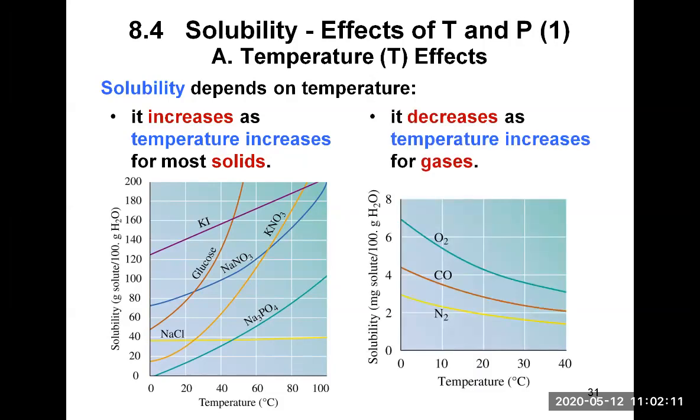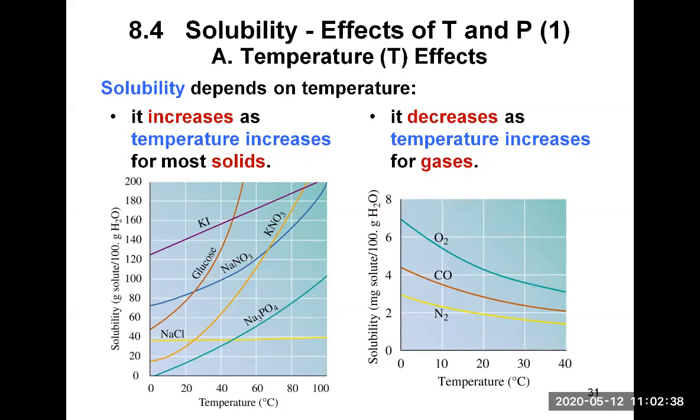For gases, it's the reverse. The solubility decreases as temperature increases. So, same type of graph with temperature on the x-axis going up from left to right, and then the solubility of gases in milligrams of solute per 100 grams of water, going up as you move up the y-axis.